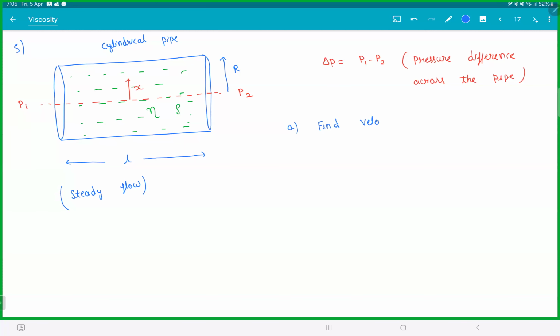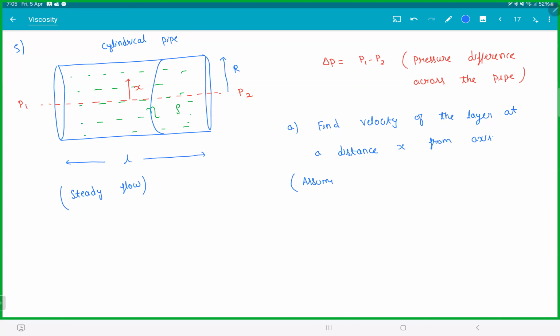Find velocity of the layer at distance x from the axis. Assume the layer in contact with the outer surface is at rest.